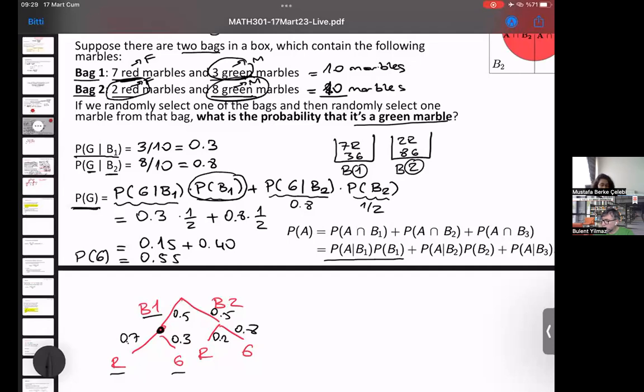So what is the problem asking? Green marbles. So I should focus on these. How can I find green marbles? 0.5 times 0.3, 0.5 times 0.8, which is going to be 0.55.